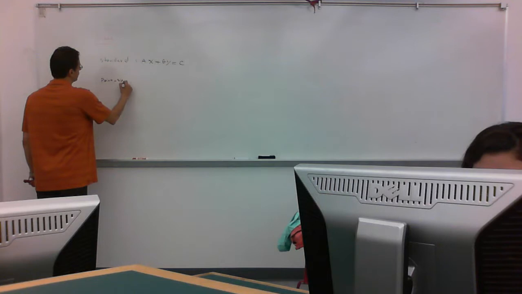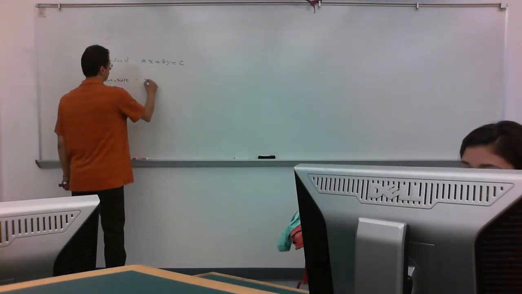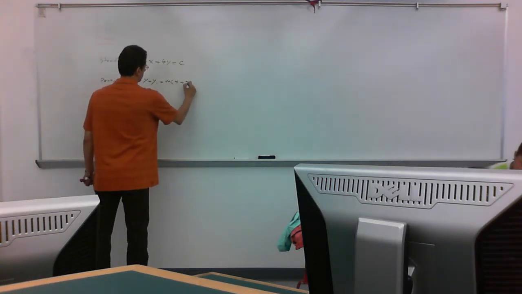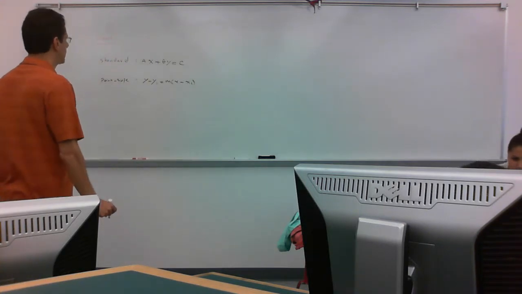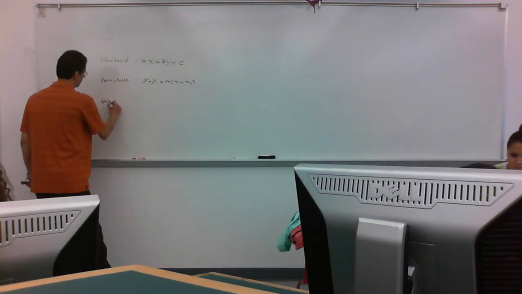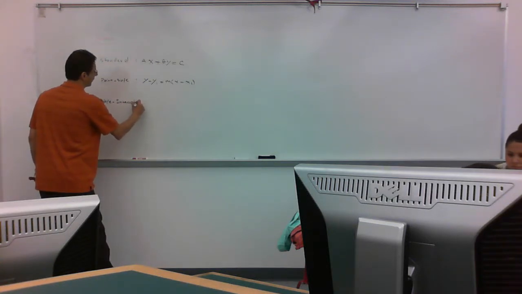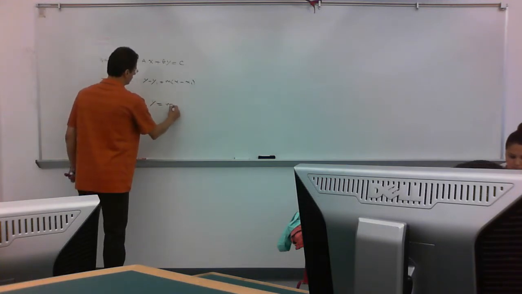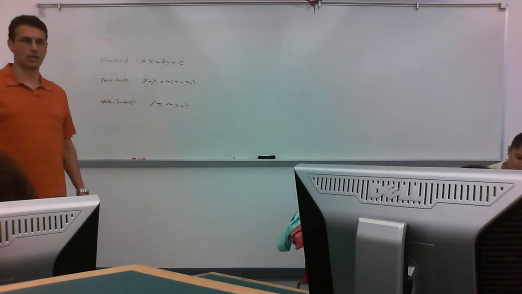Point-slope: y minus y sub 1 equals m times x minus x sub 1. And slope-intercept: if we solve any of them for y, we get to slope-intercept, y equals mx plus b.